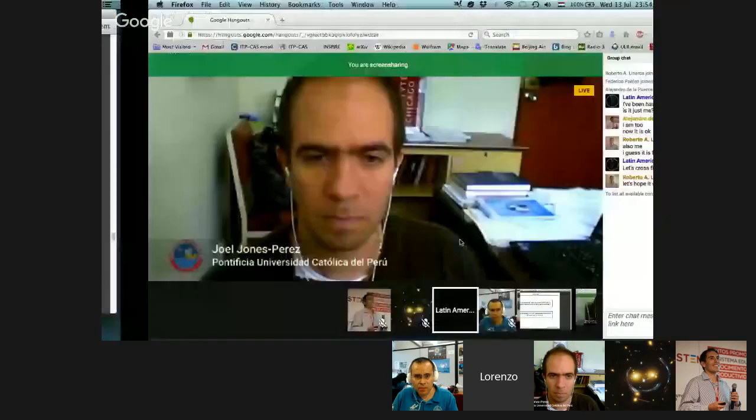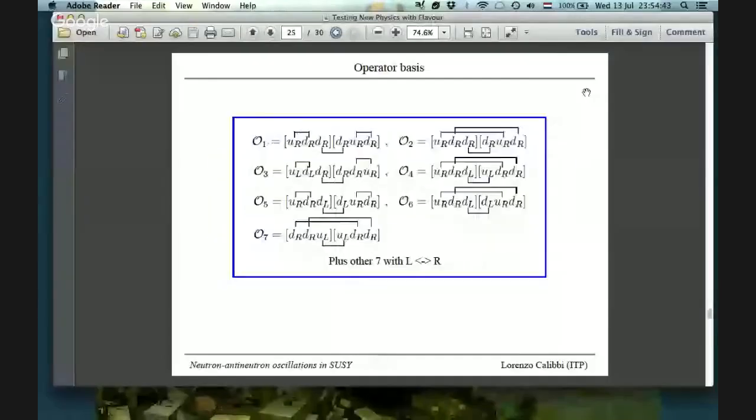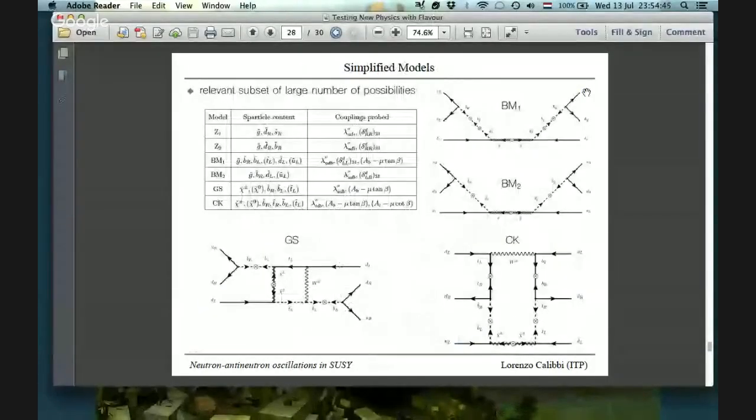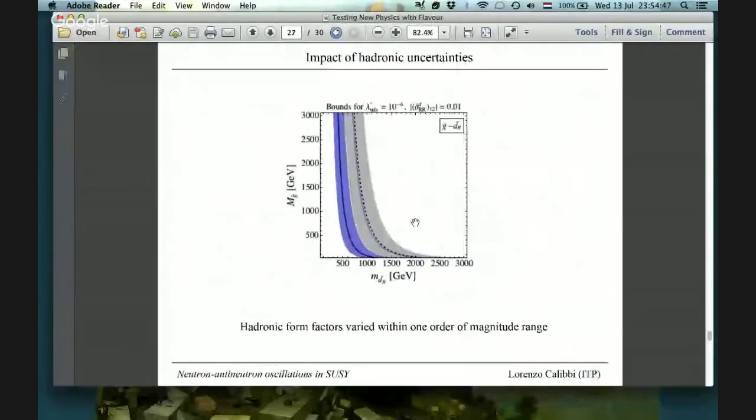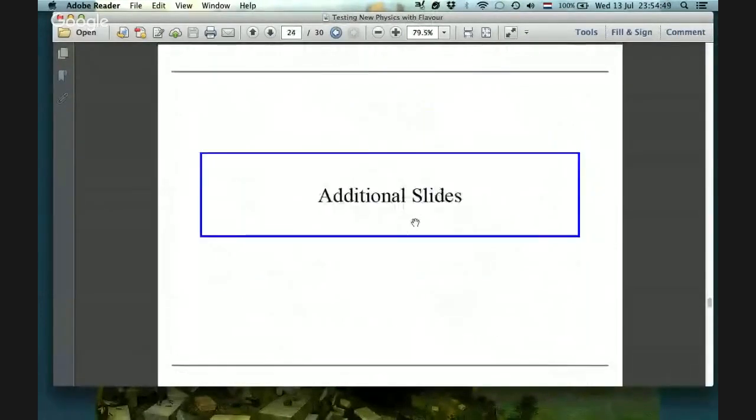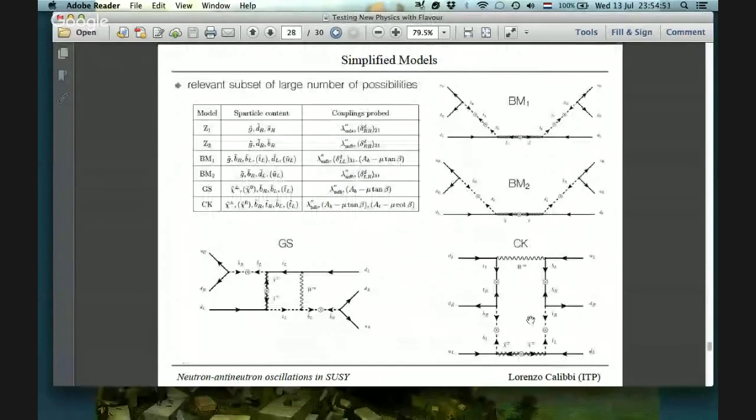It's a good question. Let me share the screen again. I should have a backup slide. You can see it? Okay, so for instance, here we have another possible electroweak contribution, which involves a loop of third generation quark and squark.